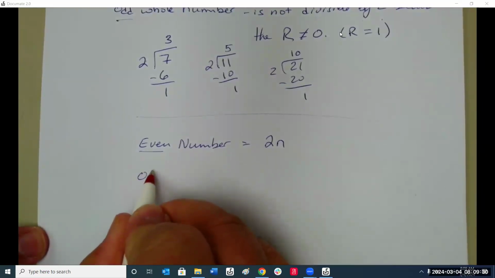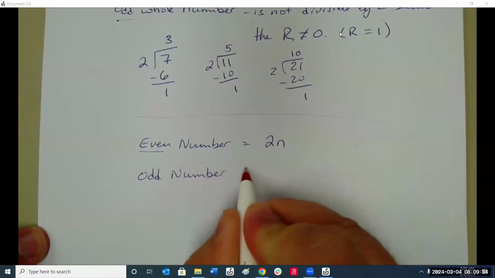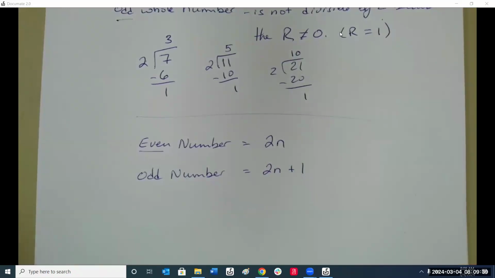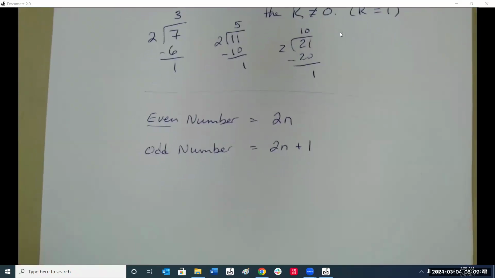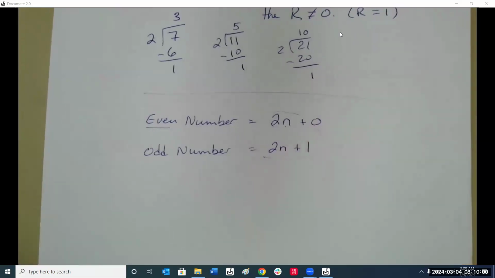An odd number is an even number plus 1. Where did these formulas come from? This one is 2 times a number plus 0. It has no remainder.